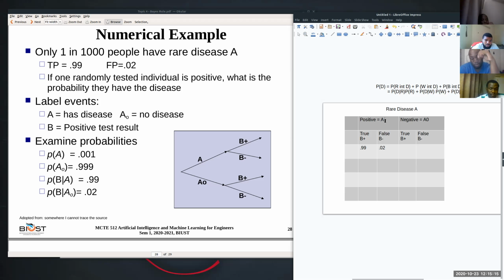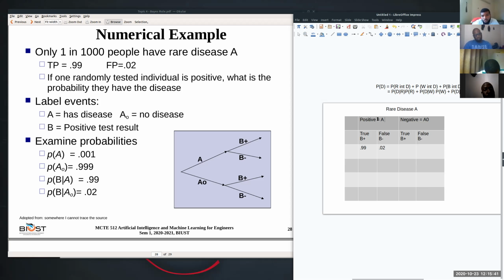This is a wrong table, sorry. What they're saying here is that the person actually has no disease, or actually has the disease.